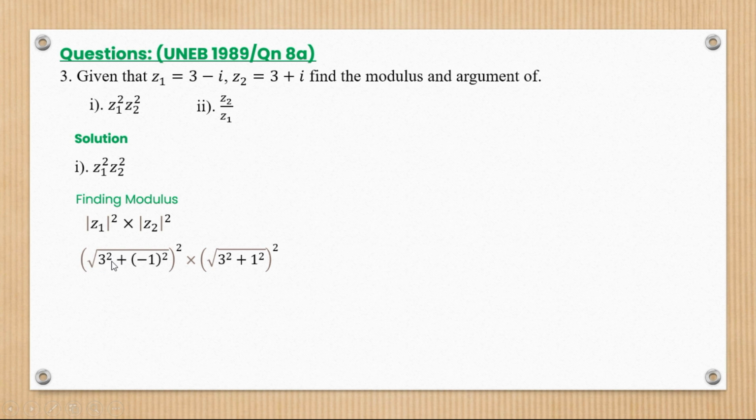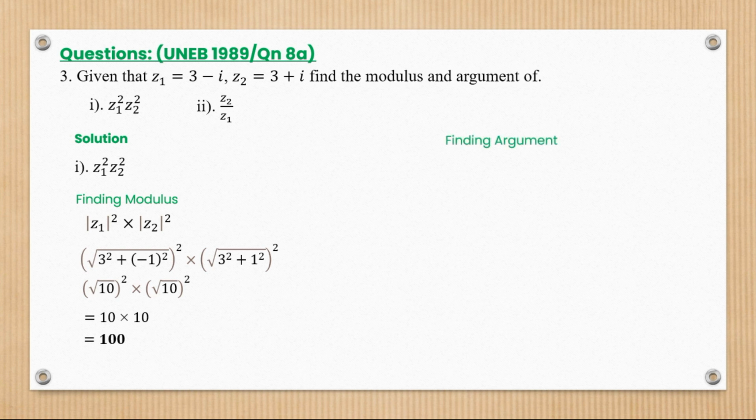And then we can see that the answer we get from here will have a root of 10, because 3 squared is 9 plus 1, which is equal to root of 10, and then 3 squared here is 9 also, and here 1 squared is 1, so we have 9 plus 1, which is 10, so we end up having root of 10 squared. Now you can see the squares will make the roots cancel, then we'll remain with 10 times 10, which is equal to 100.